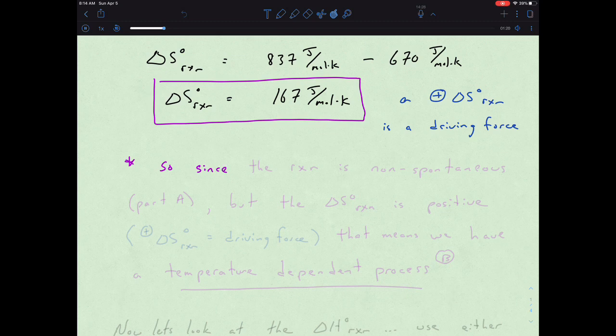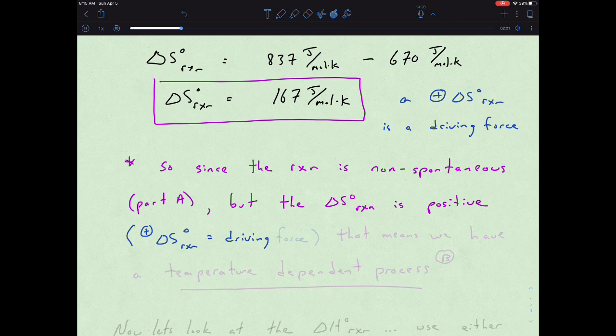So, since the reaction is non-spontaneous, and we got that from part A, but the entropy of the reaction is positive, and remember that is a driving force, that means we have a temperature dependent process because of those features.